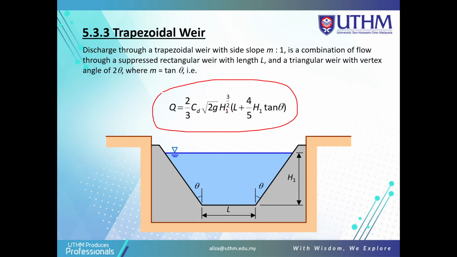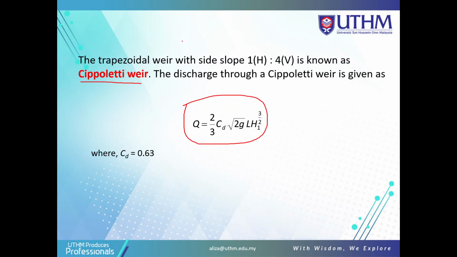This is the other trapezoidal weir, but with a side slope of 1 to 4 you must use the Cipolletti weir. In case they ask for the definition, the Cipolletti weir is the trapezoidal weir with side slope 1 horizontal to 4 vertical.